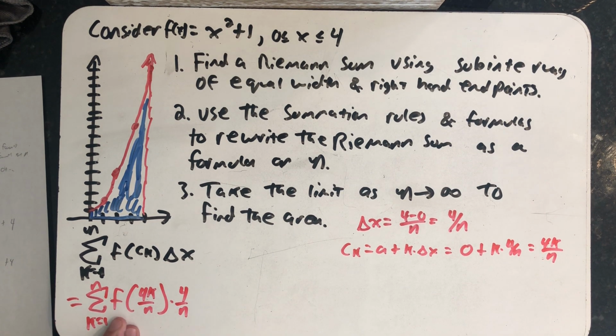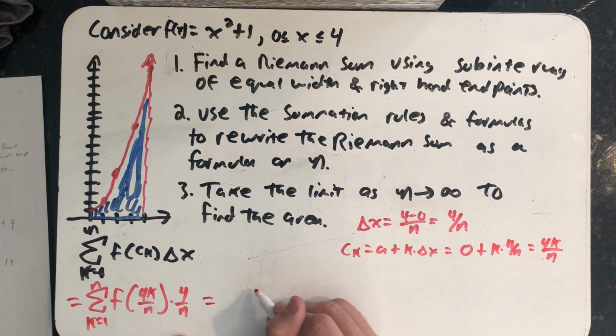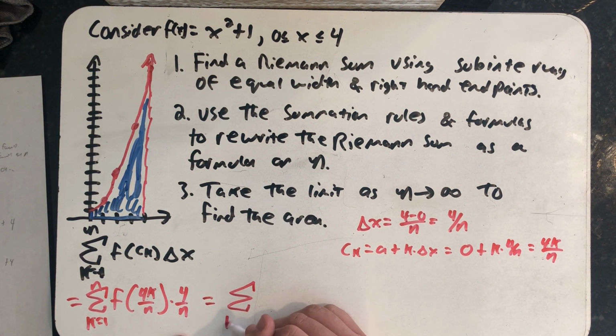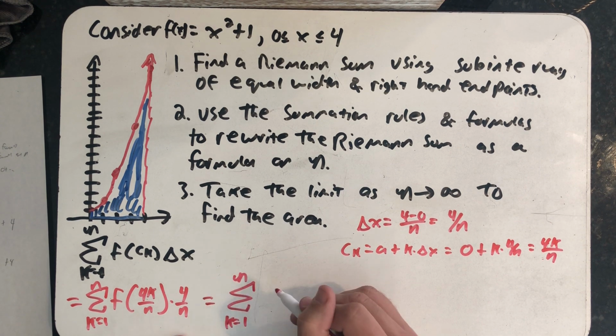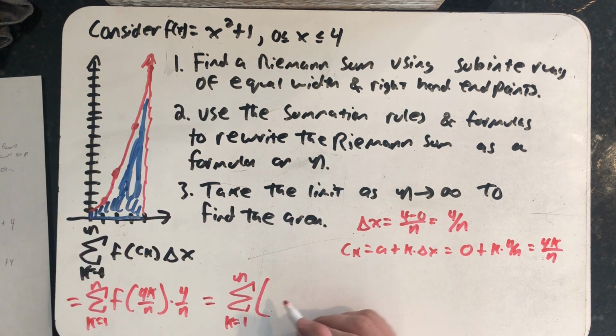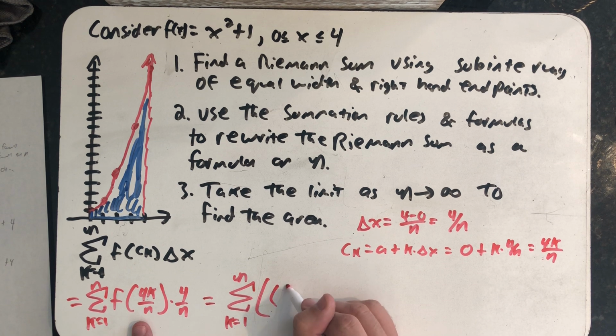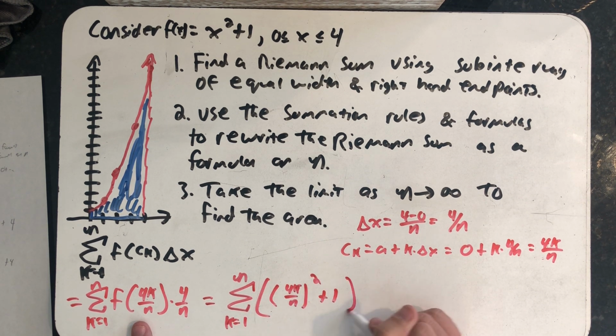Now I need to think about what the function does. I need to plug 4k over n in for x. Well, this is the function that squares what I plug in. So I have 4k all over n squared plus 1 times delta x, which is still 4 over n. So this is the sum I need to work on.